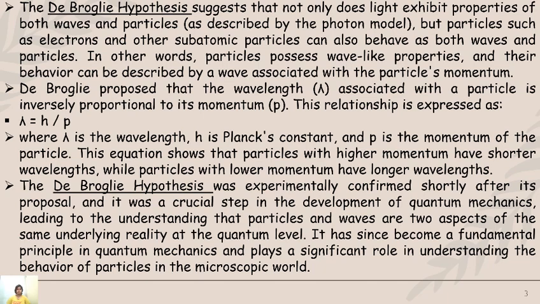De Broglie proposed that the wavelength associated with a particle is inversely proportional to its momentum. This relationship is expressed as lambda is equal to h divided by p, where lambda is the wavelength, h is Planck's constant, and p is the momentum of the particle. This equation shows that particles with higher momentum have shorter wavelength, while particles with lower momentum have longer wavelength.